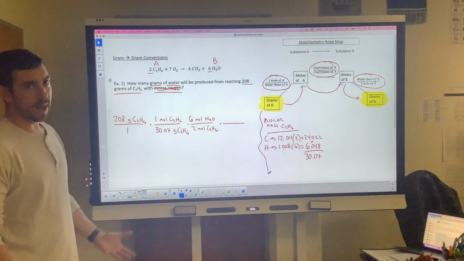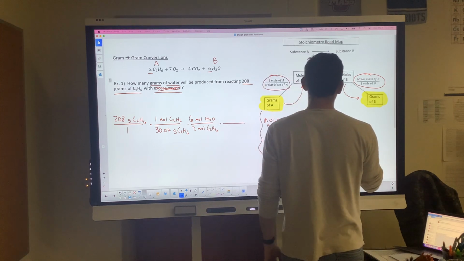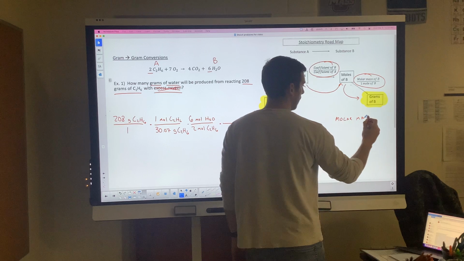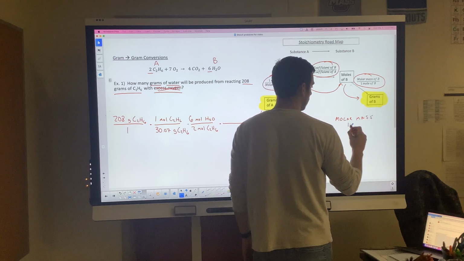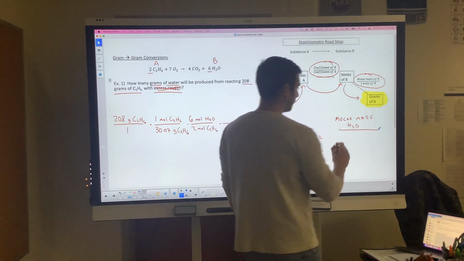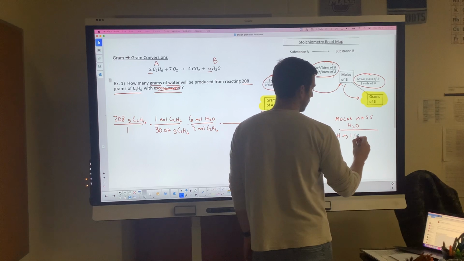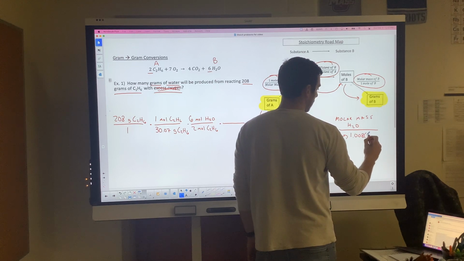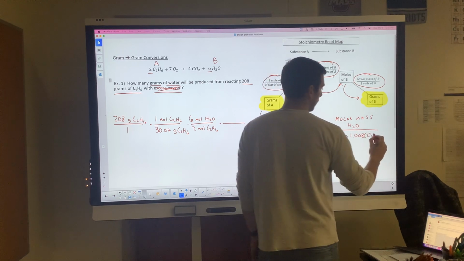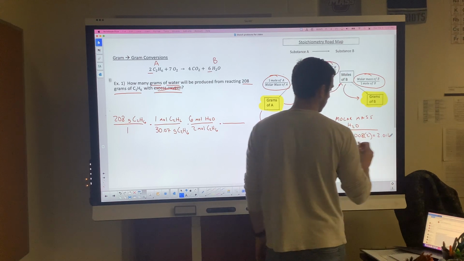We'll need the molar mass of B, so we need to do another molar mass calculation, on the side here, of water this time, H2O. This one should be shorter though. We'll have hydrogen. The molar mass is 1.008, and there are 2 hydrogens, so that'll give us 2.016.